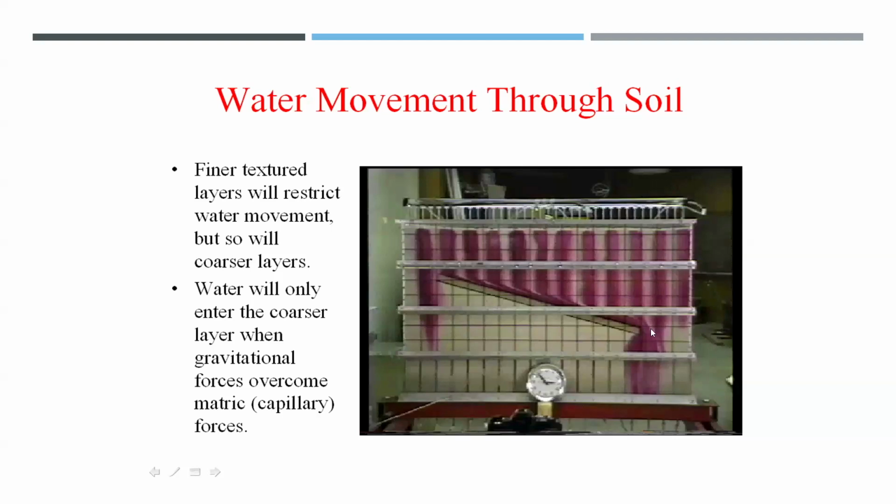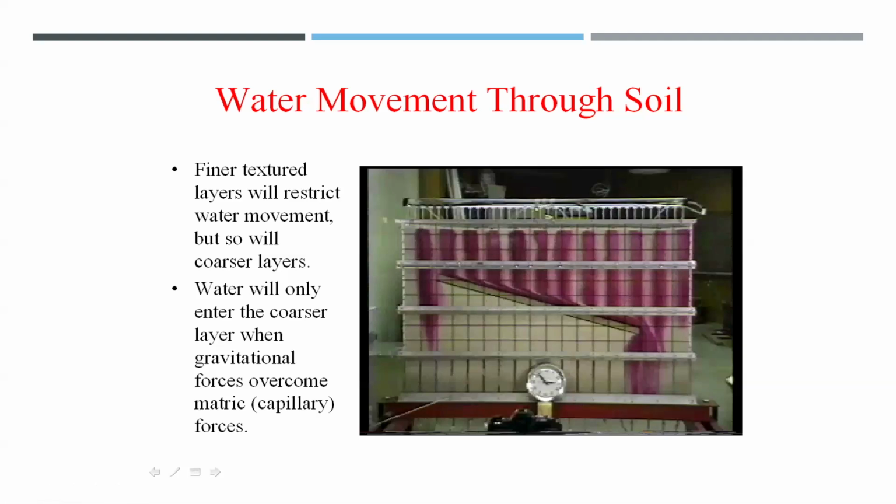Until we have a barrier here or something that's going to oversaturate this to the point where we exceed capillary action, the matrix, and the cohesive and adhesive properties, it won't. Once we totally saturate all the pores, and you can see there are gaps in between, it would finally push into the coarse material and go shooting sideways.